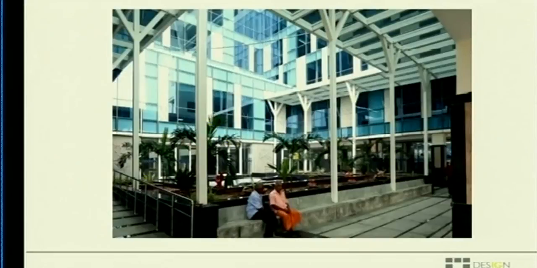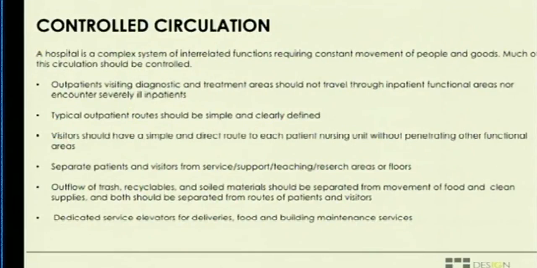So here you can see a ramp on the side. There is a place for somebody to sit. These photographs are from Aravind, Chennai. Then hospital is a complex facility. There are so many functions happening.